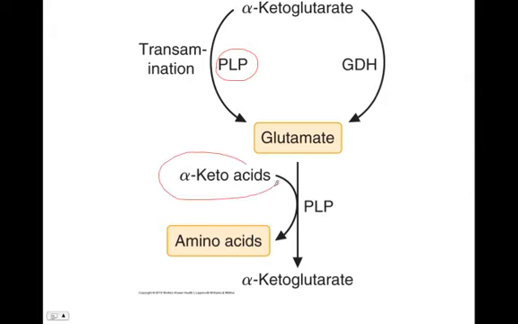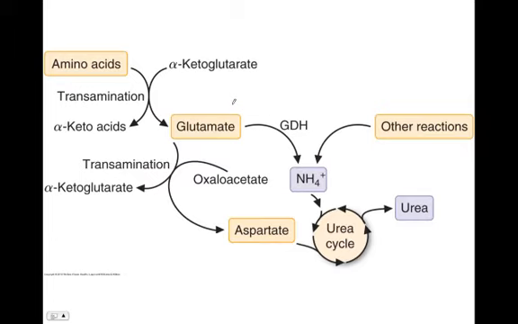Glutamate reacting with alpha keto acids of any number of amino acids can result in the reconstitution of alpha ketoglutarate, which is the keto acid of glutamate, and the amino acid from the keto acid that glutamate reacted with. So again, glutamate is pivotal to the shuttling of ammonium ions into the liver for the urea cycle.